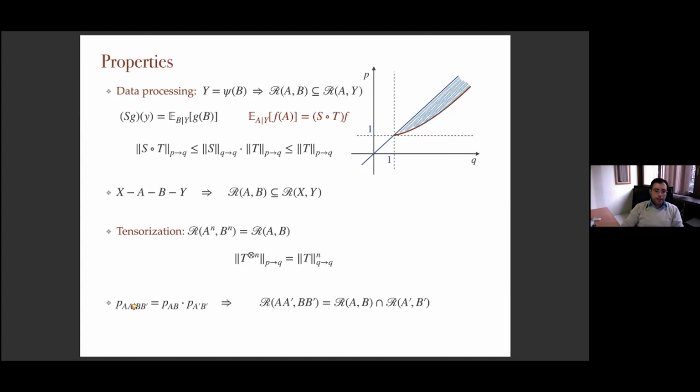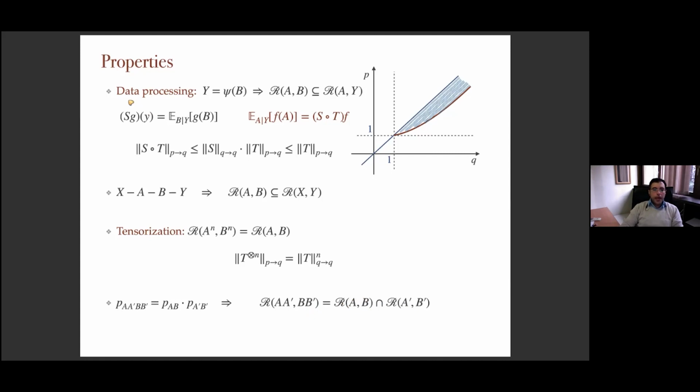More generally, if I have two independent distributions, P_AB and the primed one, then the hypercontractivity ribbon between AA' and BB' is the intersection of the two hypercontractivity ribbons. The argument is the same as before. If I have T tensor T', when I compute its norm, it would be the same as the norm of T times the norm of T'. And then if both of them are at most 1, then I get a number that is at most 1, and that's why we have equality.